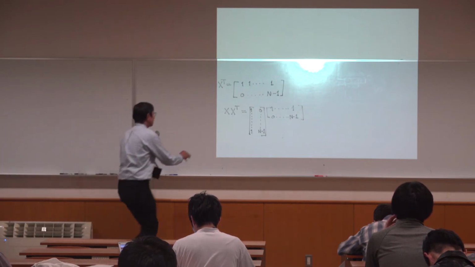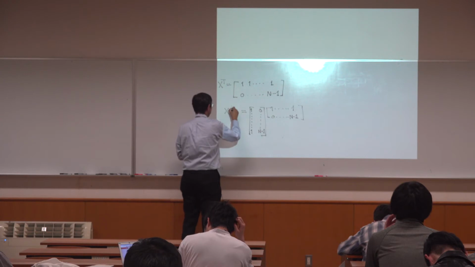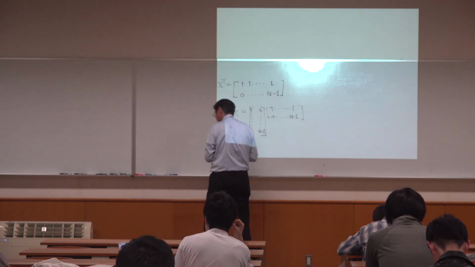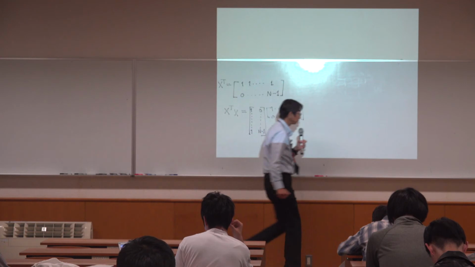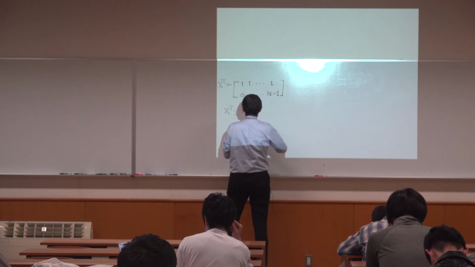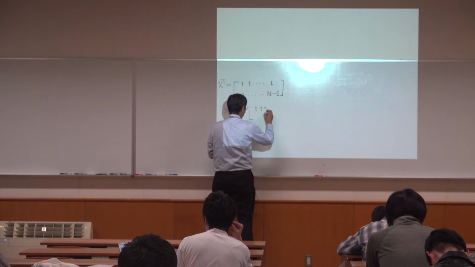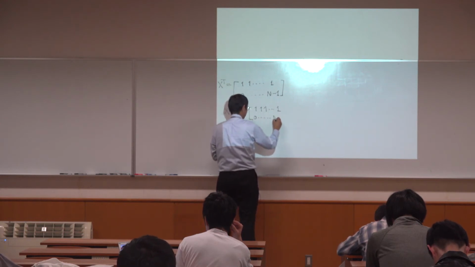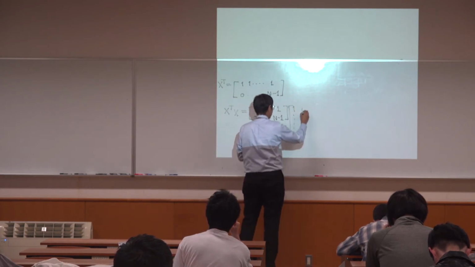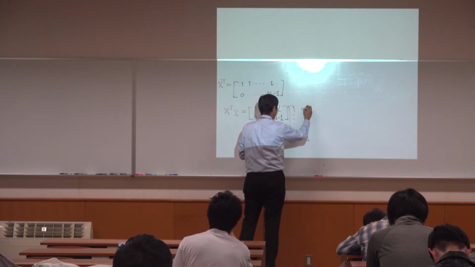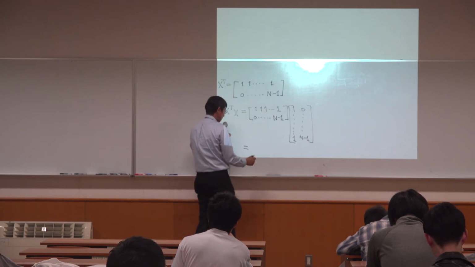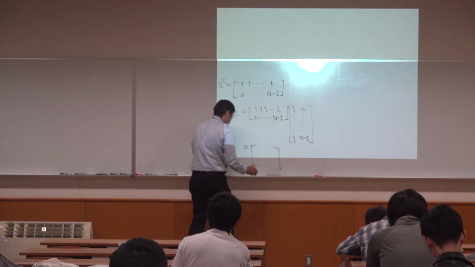Times 1, from 0 to n minus 1. And then you can calculate the result of this product to be a square matrix.